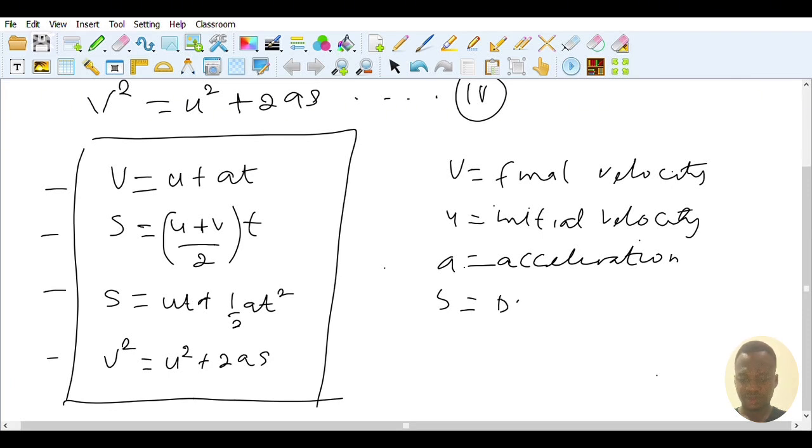I would rather call it displacement because this is uniformly accelerated motion. And T is time.